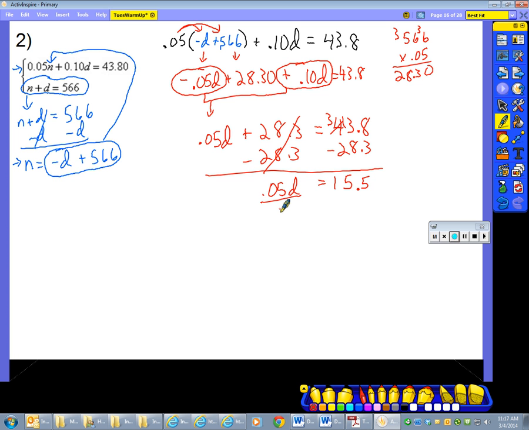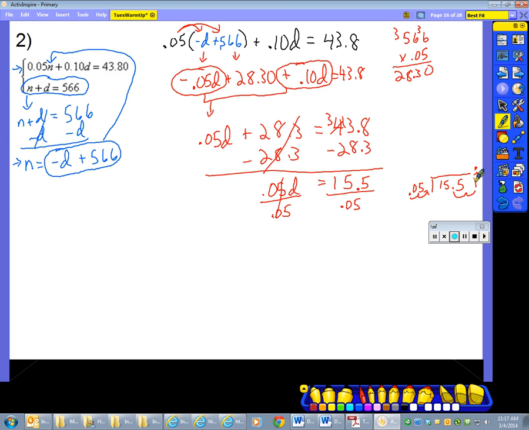I'm going to divide both sides by 0.05 so that I can get the variable by itself. So now I've got to do another division problem. Here we go. We've got 15.5 divided by 0.05. And the way this works is you have to think back, I want to say 5th or 6th grade. You've got to move this decimal 2 places over, and move this decimal 2 places over, and then straight up.